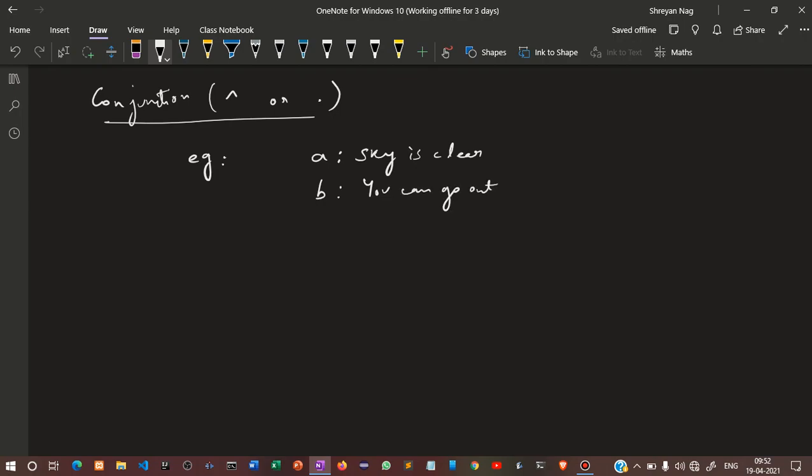So how would you represent this? As A conjunction B. Remember, conjunction is represented by the word "and." So it will be said like this: sky is clear and you can go out.